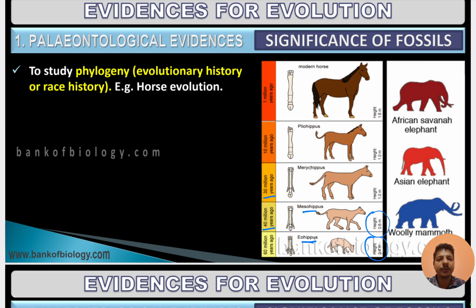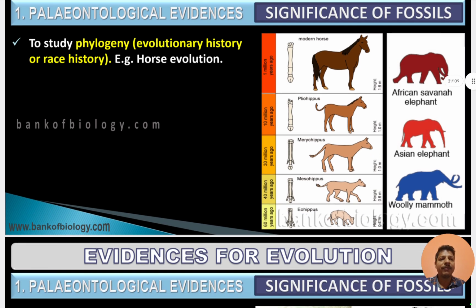Then 30 million years ago, Merychippus, height 1 meter. Then 10 million years ago, Pliohippus, and then 1 million years ago, modern horses. Like this, coming to elephants, here African savanna elephant, Asian elephant and woolly mammoth.